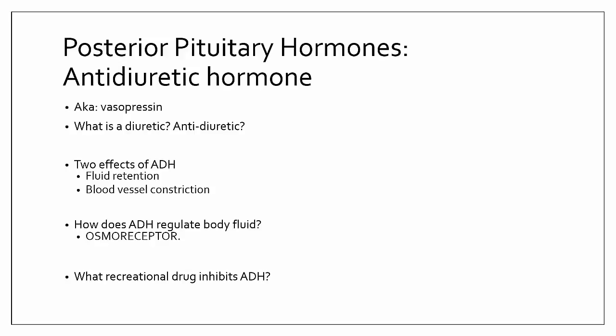So you're probably thinking, at least I hope you're thinking of alcohol, which is exactly one of its mechanisms. So alcohol, even though you're drinking a lot, it inhibits the effects of ADH. So ADH is being released, but it's not able to function on the kidneys to retain water, so you urinate really frequently.